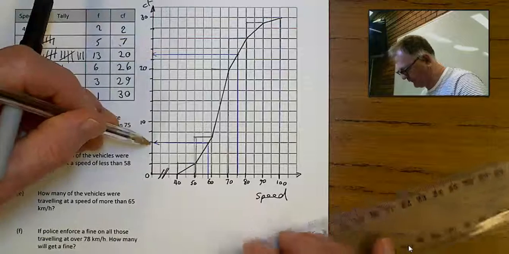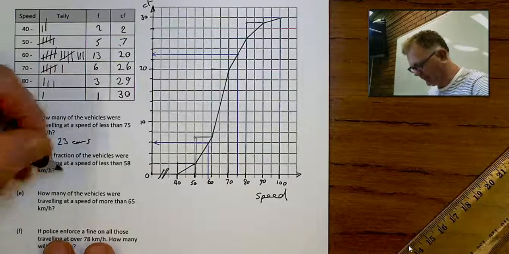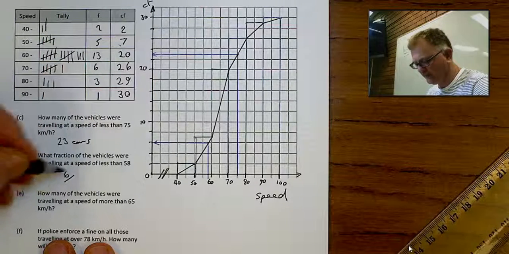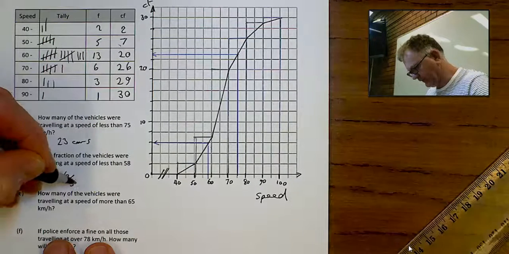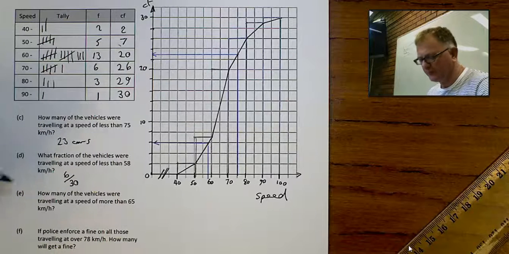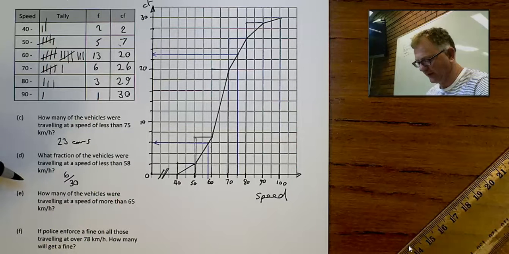I make it about 6 cars. But we were asked that as a fraction. So it's 6 out of, how many cars were there all in all? 30. 6 out of 30 as a fraction. I could cancel that down, but somehow to me 6 out of 30 seems to make more sense because there were 30 cars in the survey.